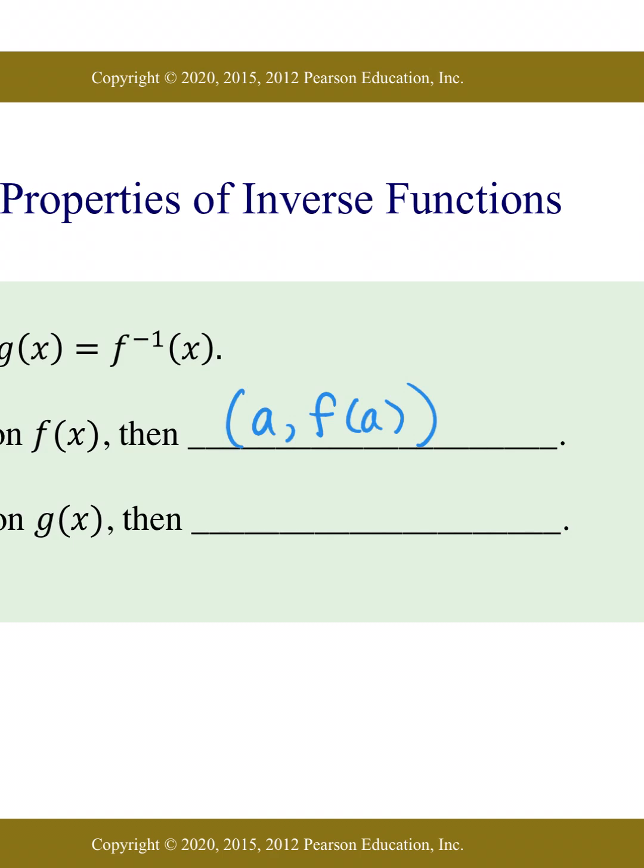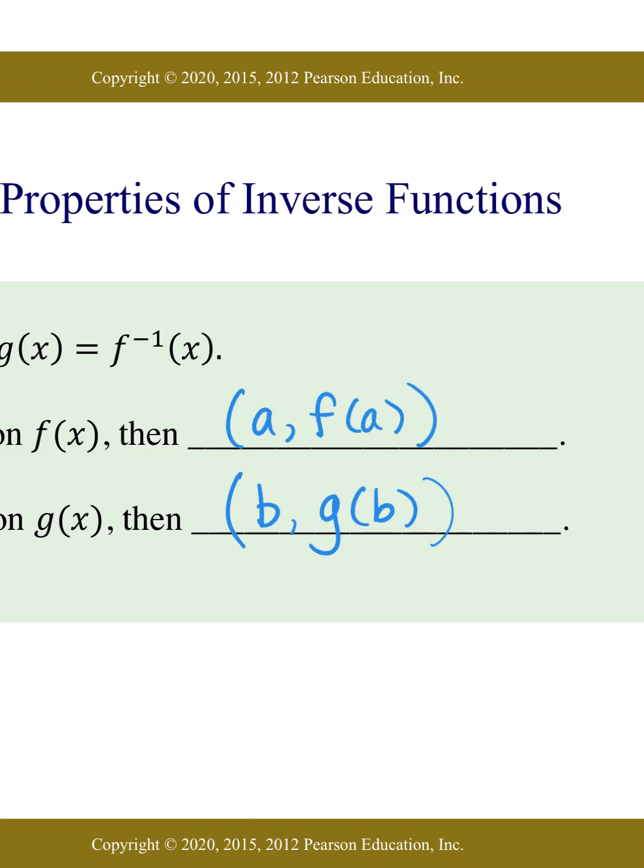If these are inverses, then we know on the g function, we've got b comma g of b. Because they are inverses, what can you say about the relationships of those x and y coordinates? The value of A has to be the same as what?